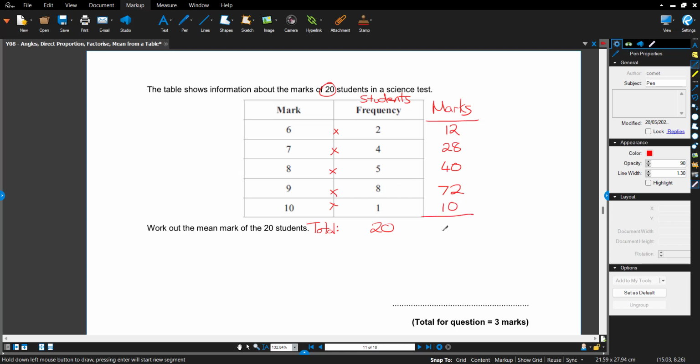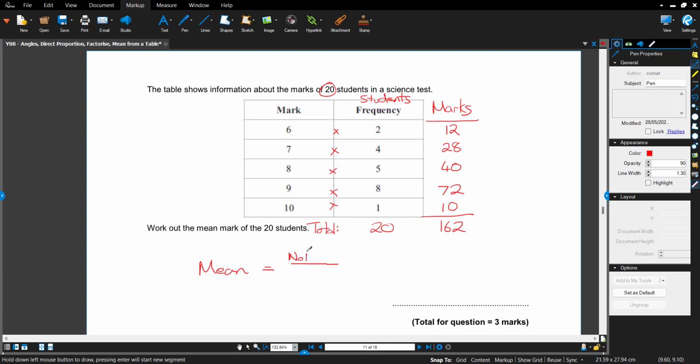So the total number of marks is 12 plus 28 is 40, plus 40 is 80, plus 72 is 152, plus 10 is 162.